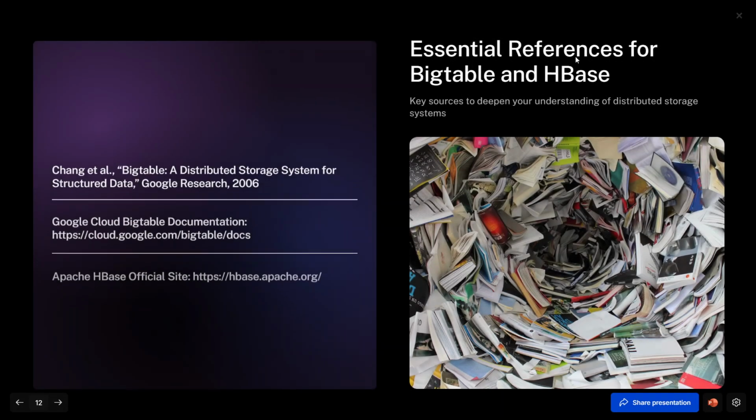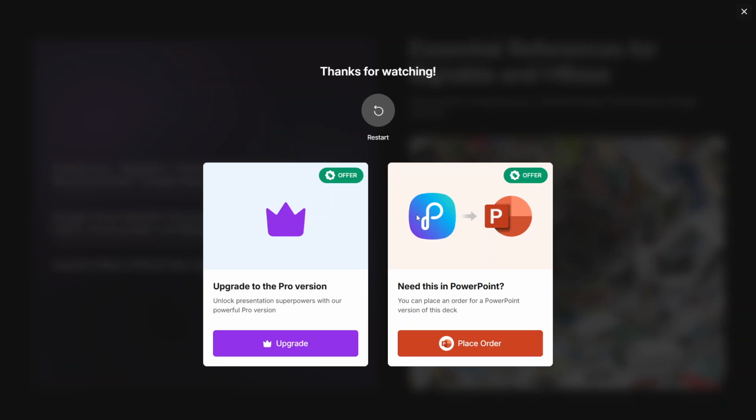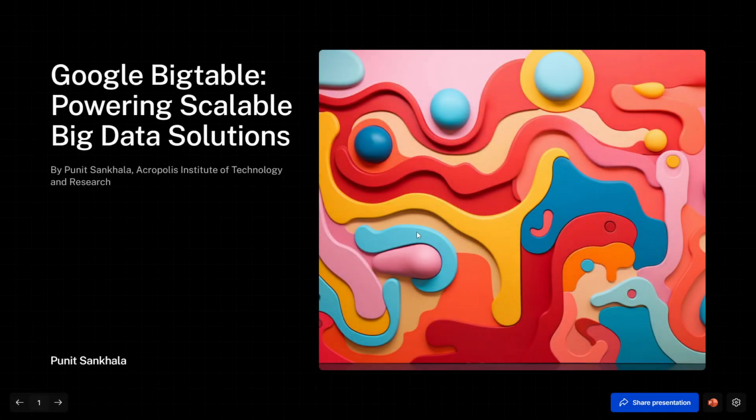Here are essential references for Bigtable and HBase, which is where I got the resources. So here's the summary: Bigtable's design philosophy of being simple, scalable and fault tolerant has shaped the evolution of modern cloud data infrastructure.